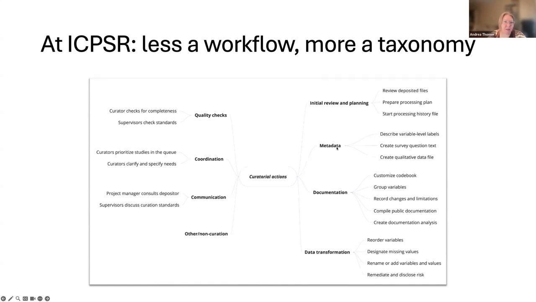They create metadata, so that is doing things like describing variables and creating survey question text, writing out the survey questions so people can search on that. They make additional documentation such as codebooks, recording changes and limitations of a data set, things like that. They do a lot of data transformation, so moving things from one format to another, renaming or adding variables. And that does include some almost observation-level data curation, so data cleaning.